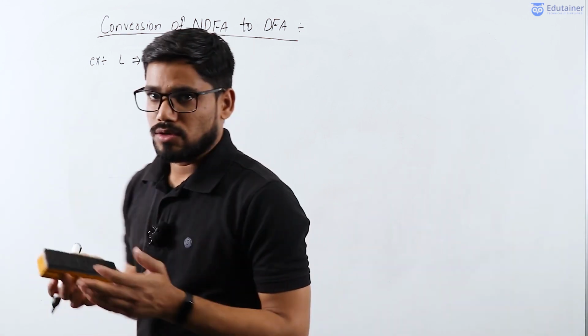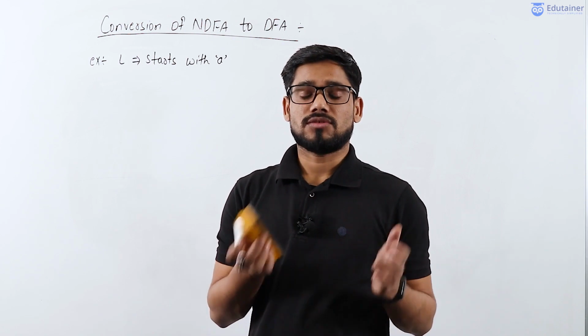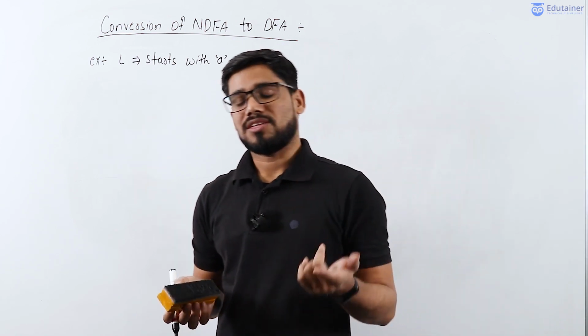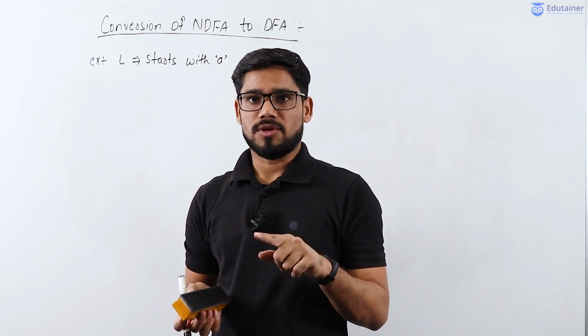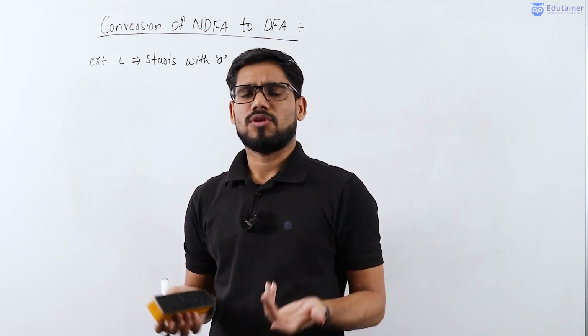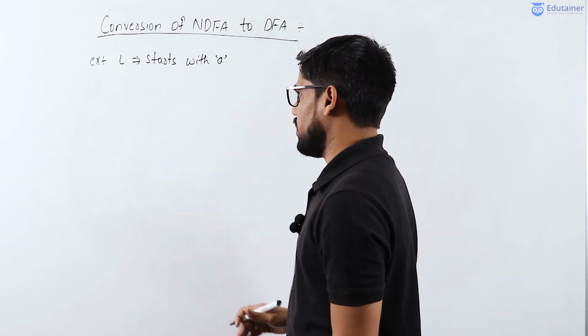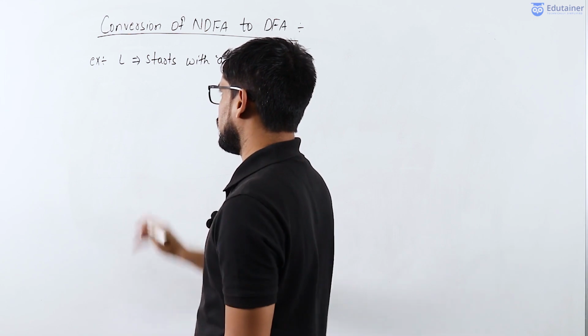Similarly, you can also represent the various automata machines with the help of a transition table. So transition table and transition diagram are both similar, but they are different representations of the automata machine.